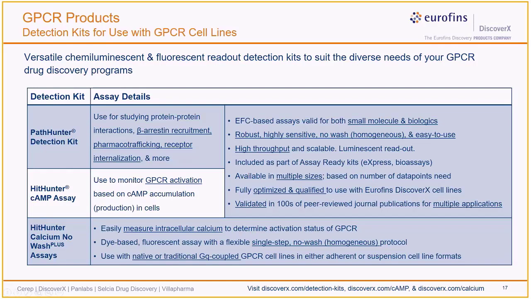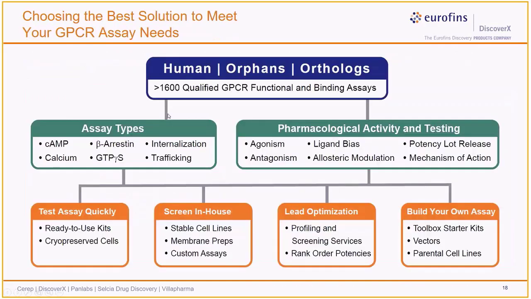All right. So choosing the best solution to meet your GPCR assay needs, first of all, you're going to want to know what type of GPCR you're focusing on, whether it's a family or a specific target. Is it a human version, or maybe you're looking at orphan receptors or another species, such as orthologs, rat, mouse, etc. You're going to want to determine whether you're going to focus on functional or binding or both.